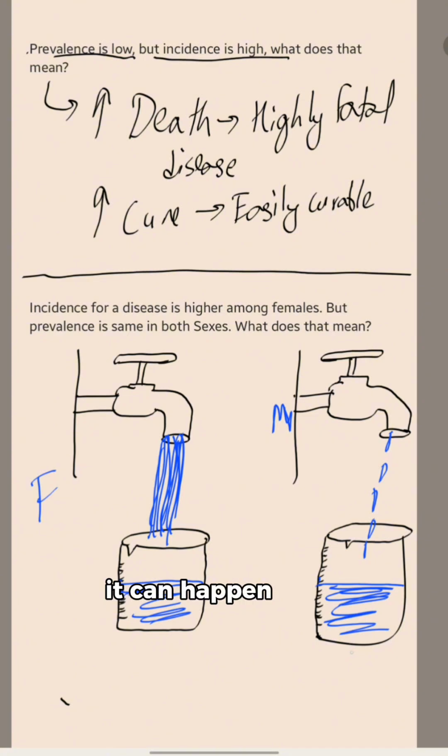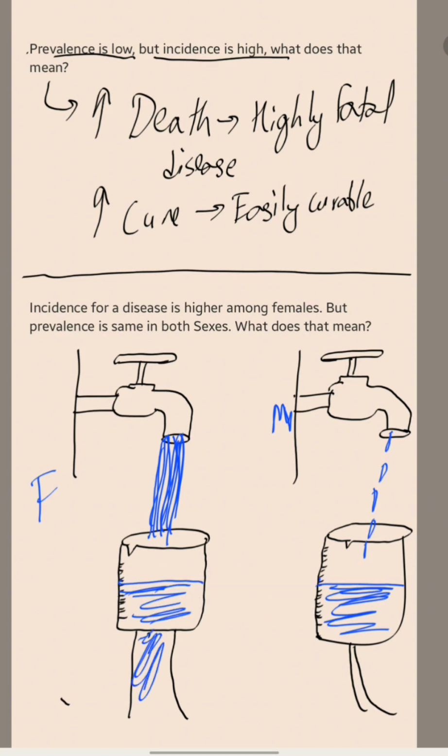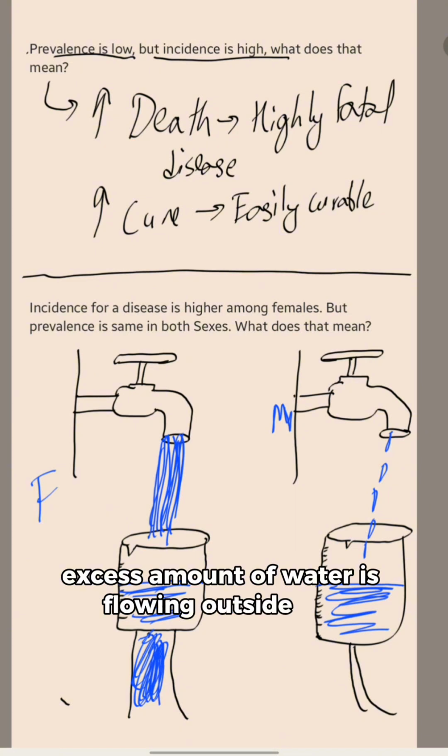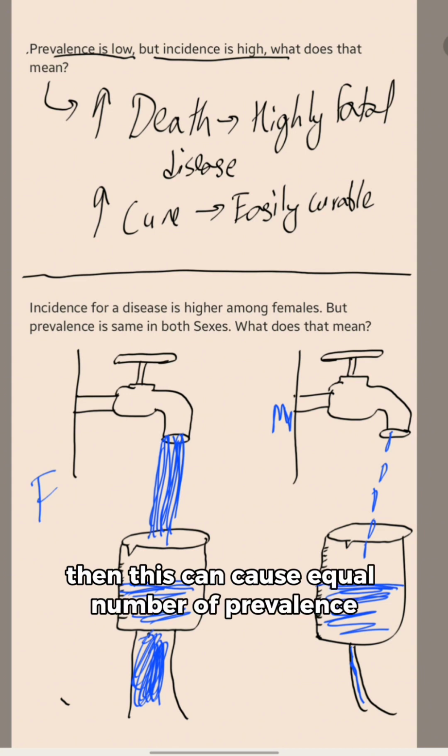It can happen if the output in male is very narrow, output is very low, and the output in female is very high, isn't it? If the outflow is very high in females, excess amount of water is flowing outside and very less amount of water is flowing from the male side, then this can cause equal number of prevalence.